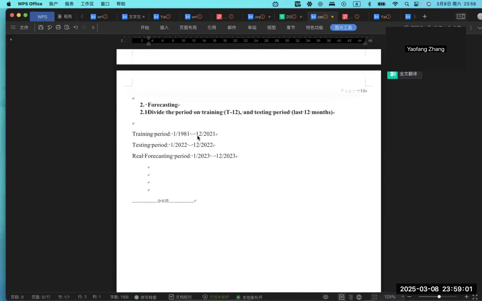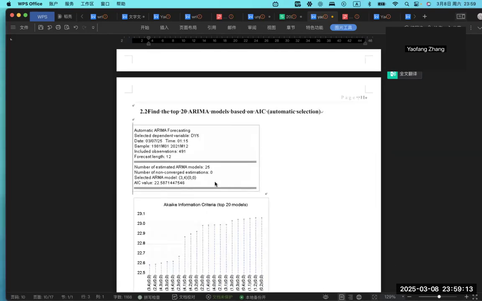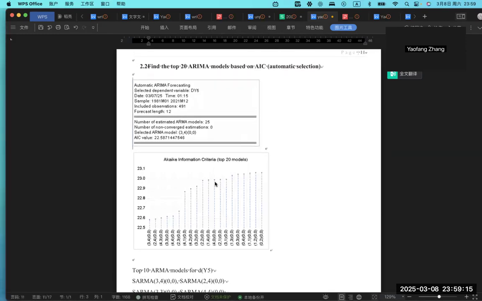This is the second part, forecasting. We divided the period into a training period, a testing period, and a real forecasting period. To select the best forecasting model, we compare 20 different ARIMA models based on AIC and RMSE.